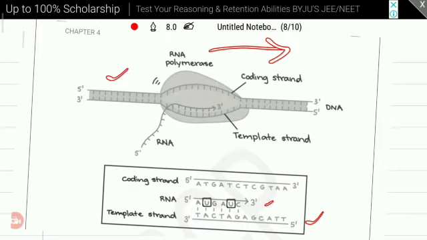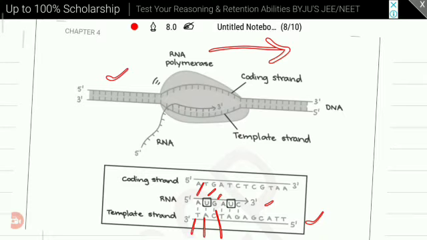If the RNA polymerase first comes across T, it incorporates A. If there is A, it incorporates U. If it is C, it incorporates G. Likewise, RNA polymerase incorporates complementary bases of the template strand, but since it constructs RNA, it does not incorporate thymine, but it incorporates uracil.